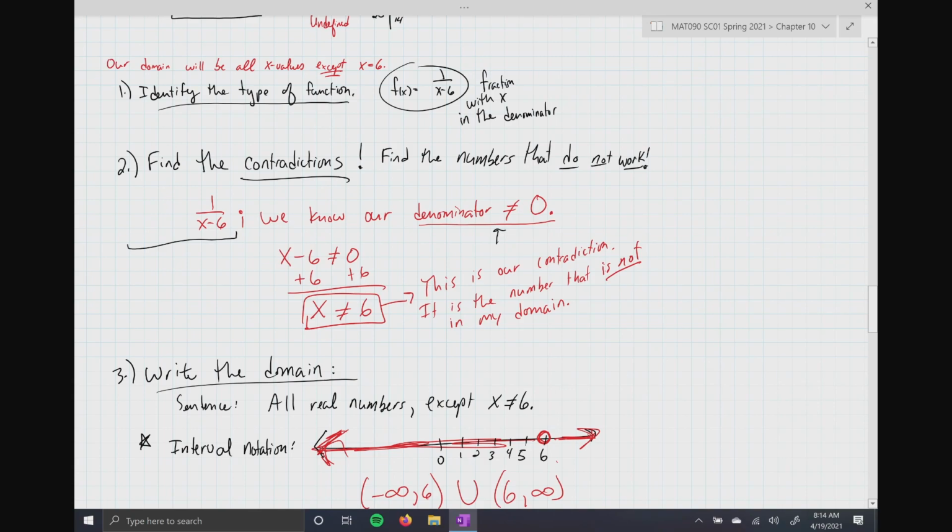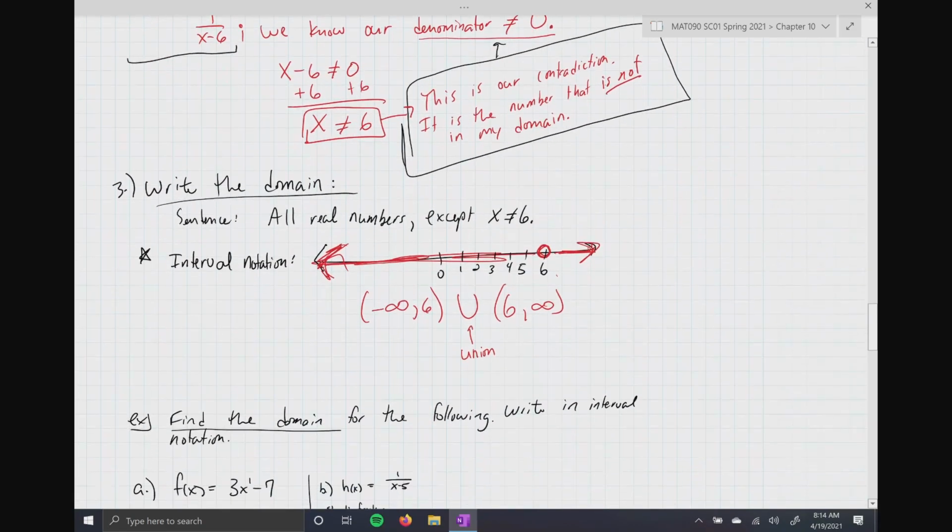This is our contradiction. It is the number that is not in the domain. It is the number that if I put that into this special calculator that can only calculate 1 divided by x minus 6, the calculator breaks. It says error. And how do we write our domain? Well, we can write it in interval notation by kind of graphing it, putting a circle where the number 6 is, because we know we're not allowed to have that.